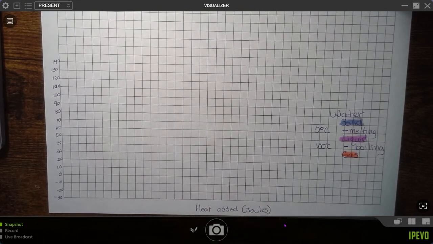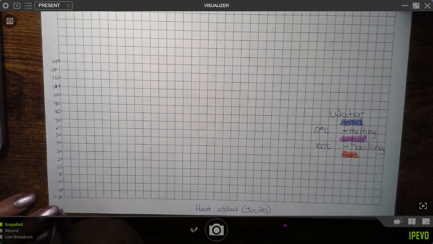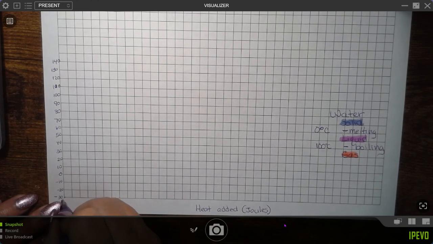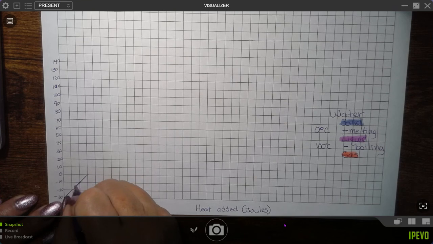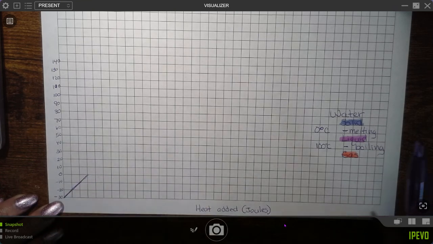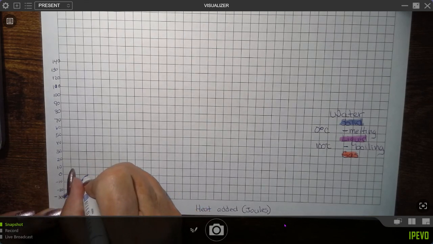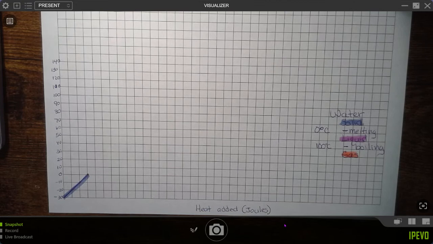Here's what we would observe. We're going to start with our ice at minus 30, so it's going to be completely solid at that point. As we add heat, the solid ice is going to remain solid. It can't melt until it gets to 0 degrees Celsius.